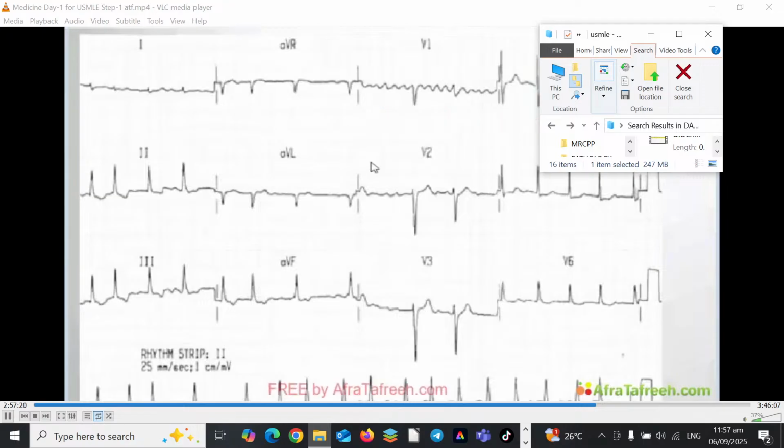And is it sinus? What is the rhythm? Irregular, correct. What is the rhythm? Junctional. Okay. Why do you say it's junctional?